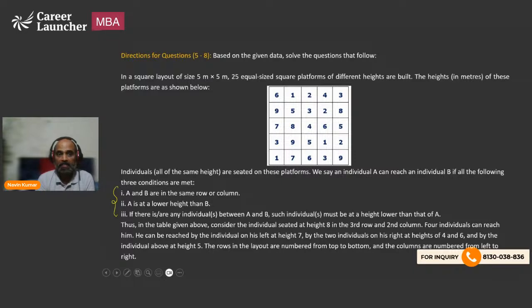Third point says, if there is or are any individual or individuals between A and B, such individual or individuals must be at a height lower than that of A. So basically, if A is here, A has to reach a height greater than B. If there are going to be individuals between A and B, their heights are supposed to be less than that of A. Then only A can reach B. Okay, they need to be lower.